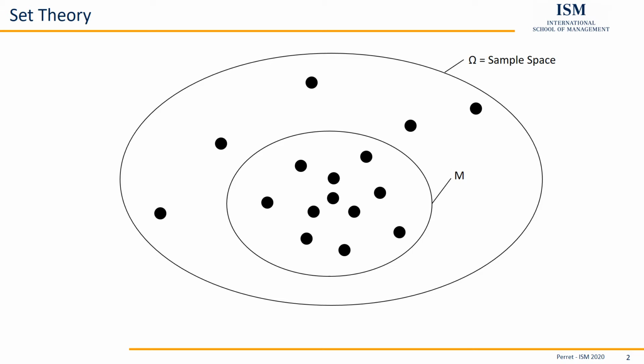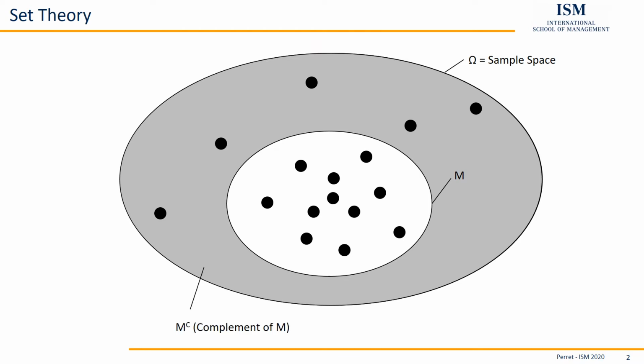But if we consider this here as M, and the set M does not represent the whole sample space, then whatever is in the sample space, but not in M, so here, this area, this is what we call the complement of M. And well, if we have M, we have the complement of M, we can directly define the sample space as M and the complement of M. So both of them taken together make up the sample space.